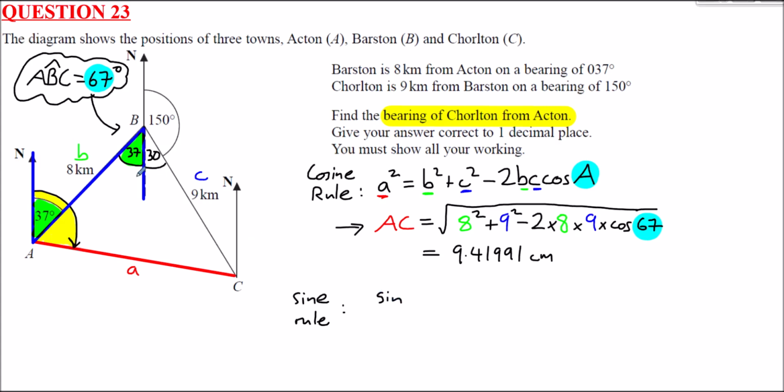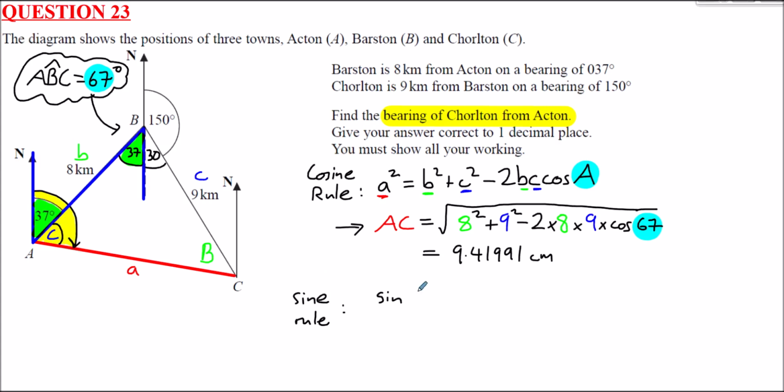So if that's side A, according to how I've labelled it already, this is angle A. If that's side B, that means this would be angle B, and angle at A is opposite to side C, and so this little angle here on the inside is just going to be angle C. So I can work out what angle C is.